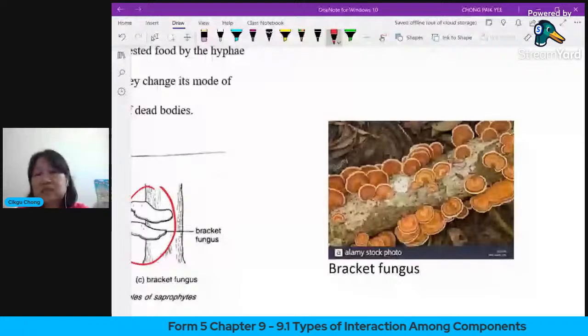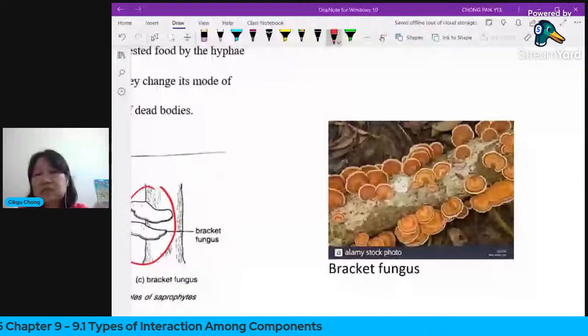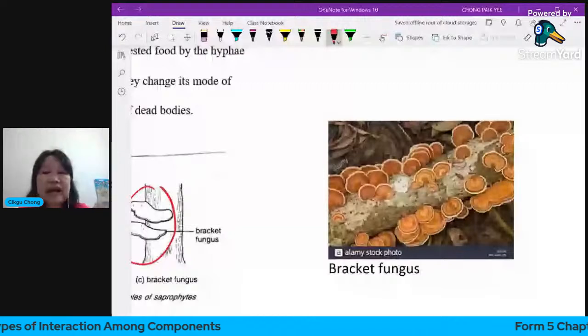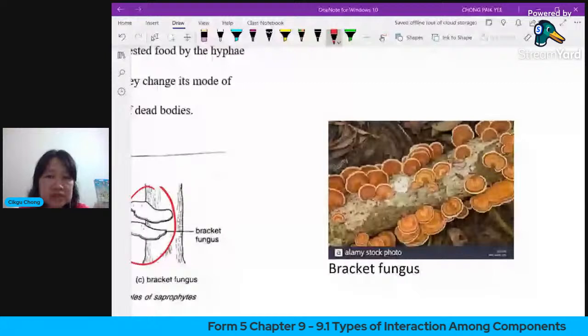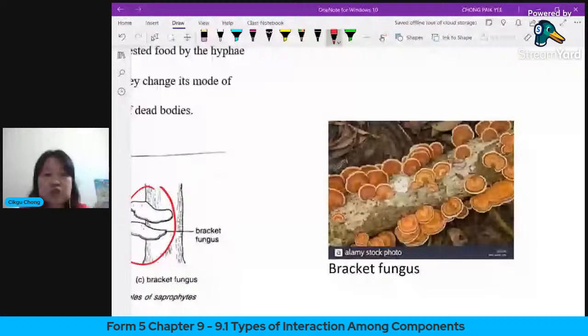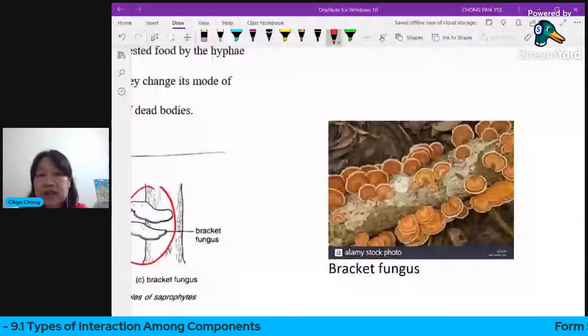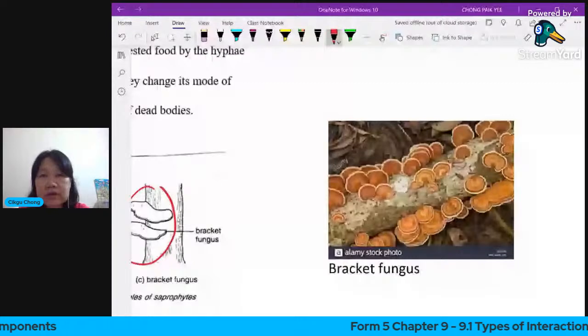Bracket fungus start living on the tree branches first. Later, when the host dies, they change their mode from parasitic to saprophytic. When the tree is still alive, it's considered a parasitic relationship because they just absorb the nutrient. But once the tree dies, it becomes saprophytic because they're decomposing the host.